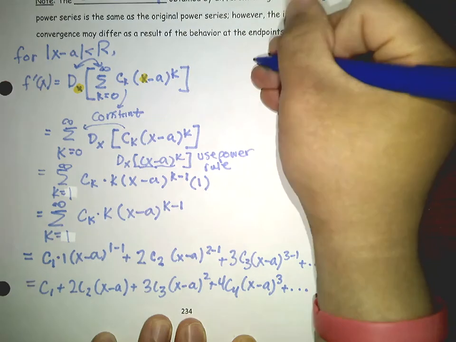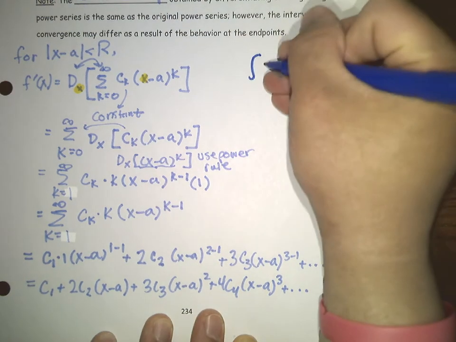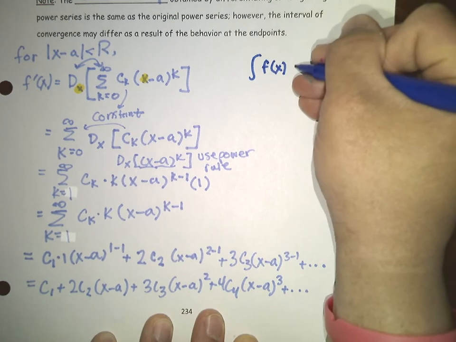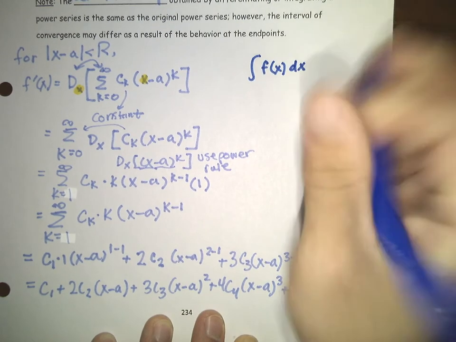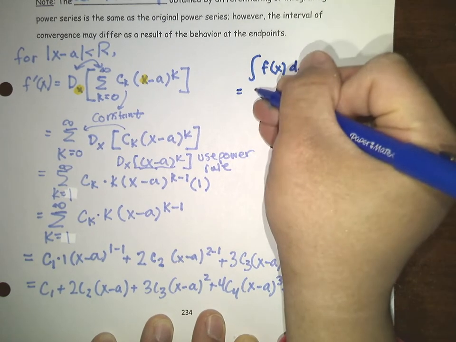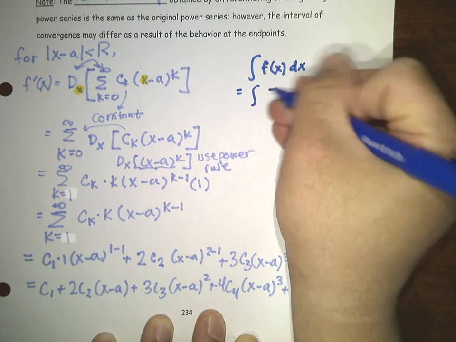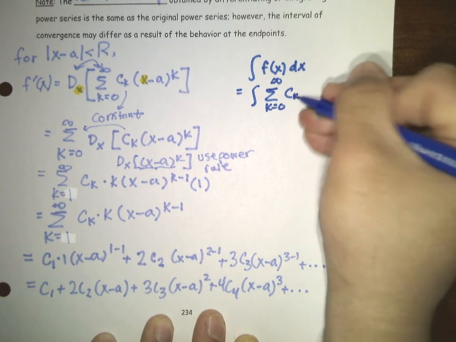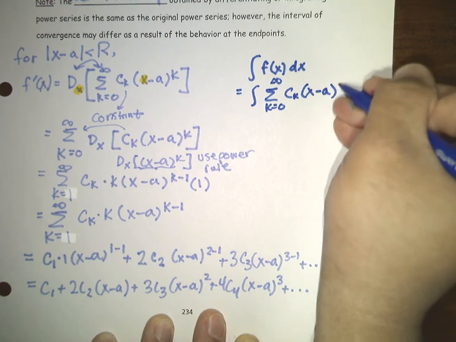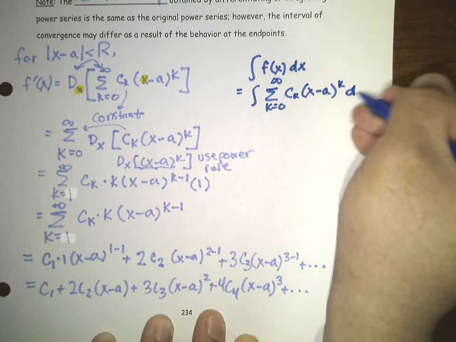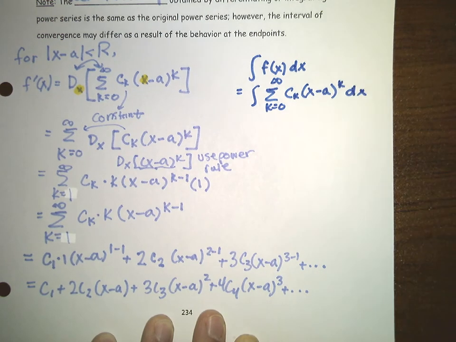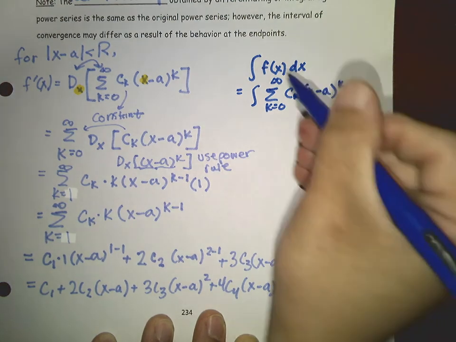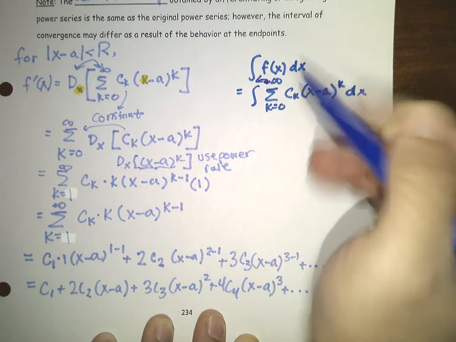So now the integrals. The integral of f of x dx will be the integral of the sum k equals 0 to infinity of ck times (x minus a) to the k dx. And then I can interchange the integral and the sum here.